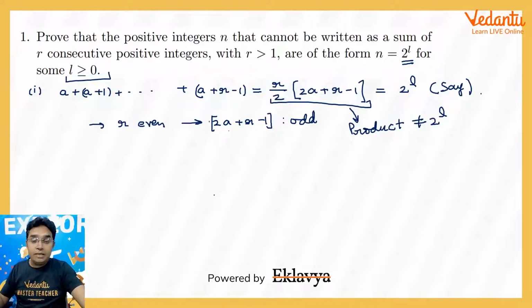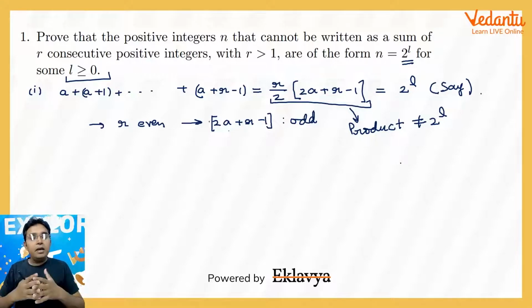Now dear all, please listen carefully. This much should not be sufficient to conclude this question. Why am I saying so? What we have proved is that any number that can be written as a sum of r consecutive integers cannot be 2 power l. Now what if there is an integer that cannot be written as a sum of r positive integers?